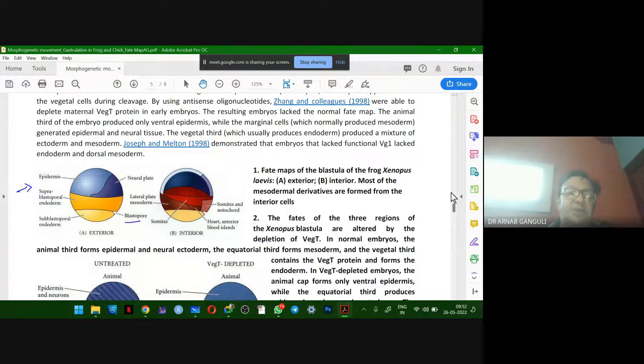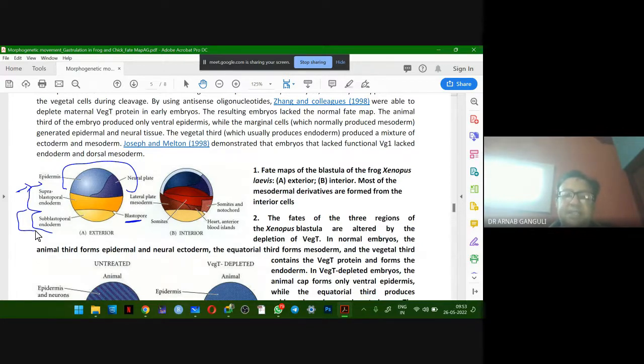This is the dorsal lip of the blastopore. And this will form the blastopore endoderm, different types of endoderm. So this is the ectoderm or epidermis, this is the mesoderm in the middle, and at the bottom is the endoderm. Different names. Neural plate is ectodermal.